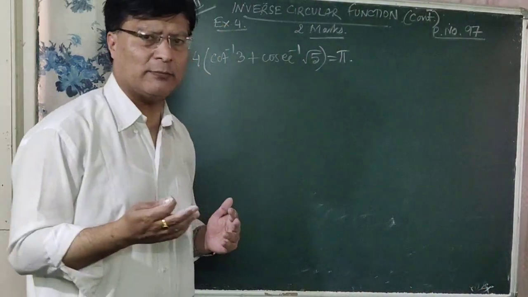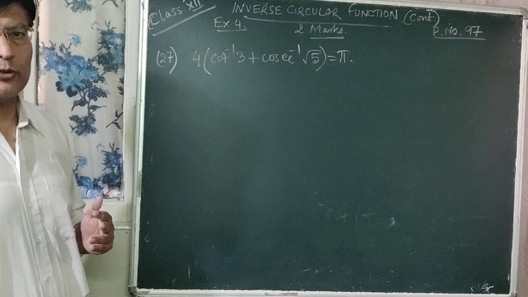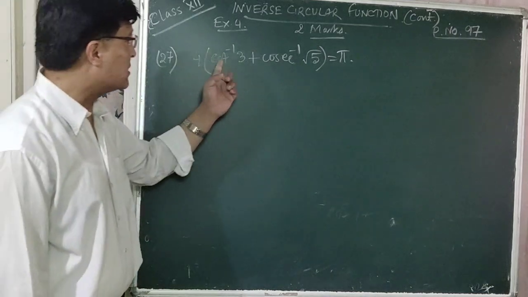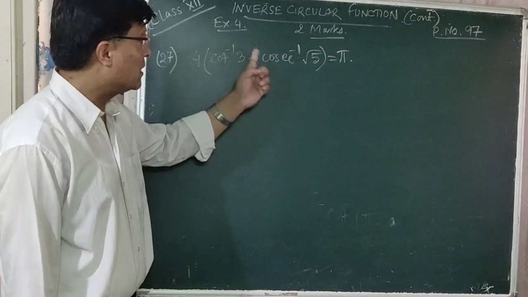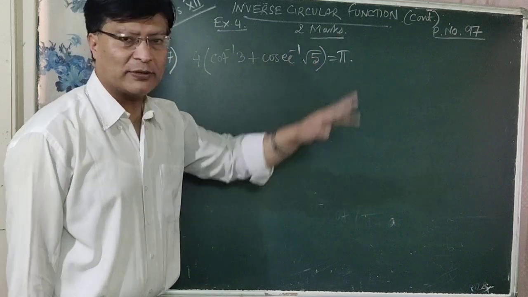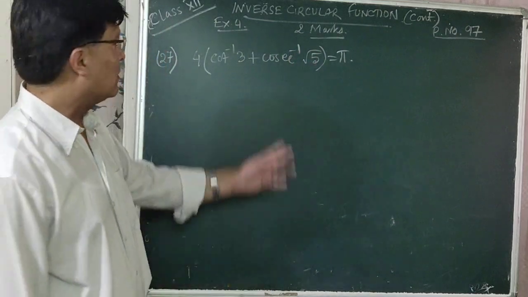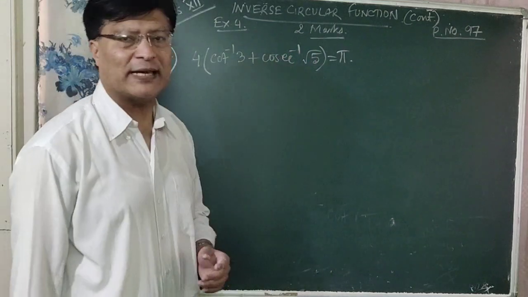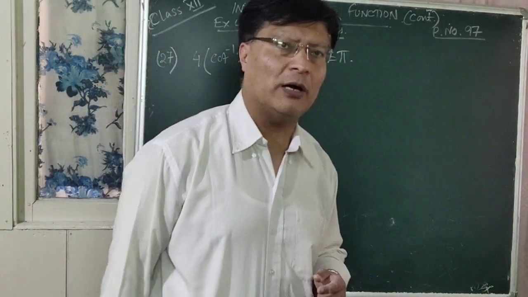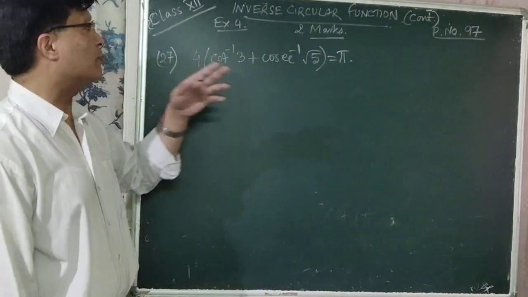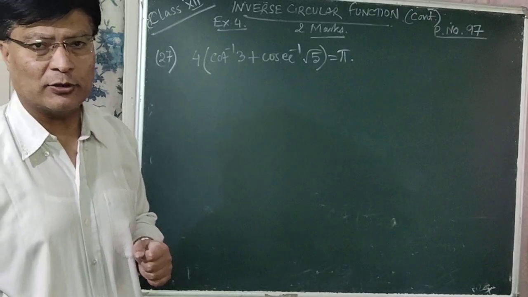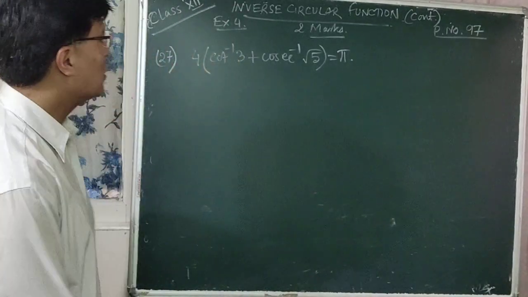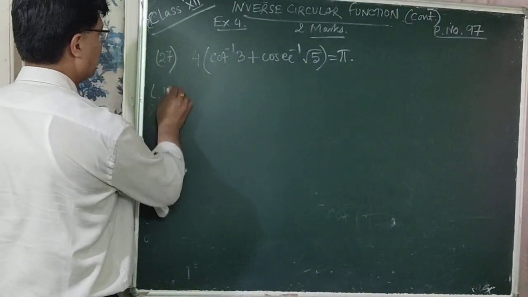So let us convert this cot inverse 3 into tan inverse and cosec inverse root 5 into tan inverse. Okay, then this is tan inverse x and this will be tan inverse y. So you can use the formula of tan inverse x plus tan inverse y to prove this LHS is equal to RHS. Okay, so let us write down left hand side.